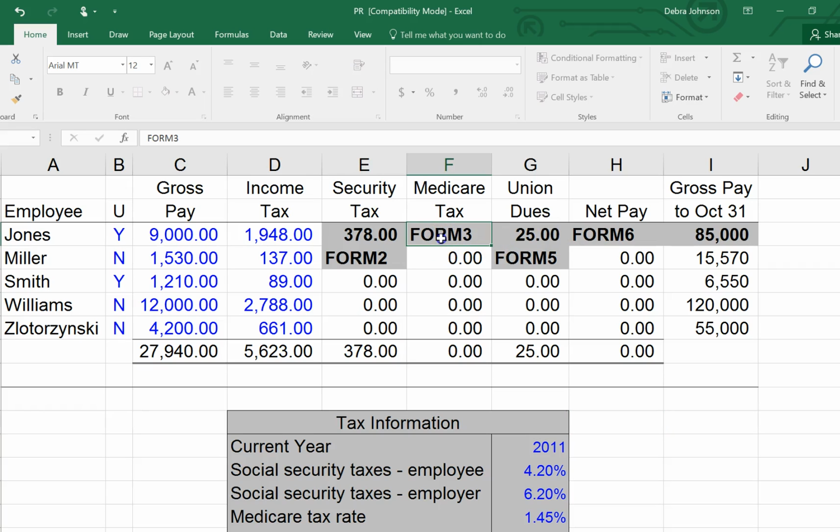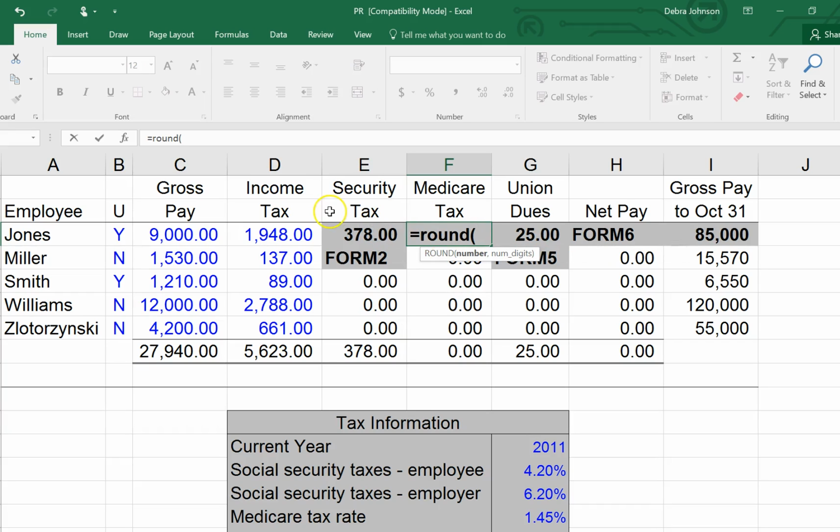Okay, Medicare tax is very straightforward. There are no maximums. So our Medicare tax is simply the gross pay multiplied by the Medicare tax rate. Because the Medicare tax rate has a couple decimals, it would be wise to use the equals round function. So equals round.